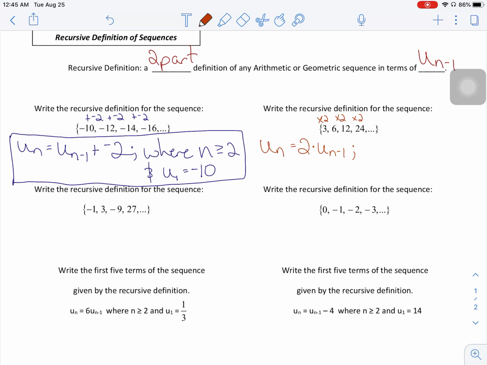Second part, where n is greater than or equal to 2. That's never going to change. And u sub 1 is equal to 3. There is your recursive definition.